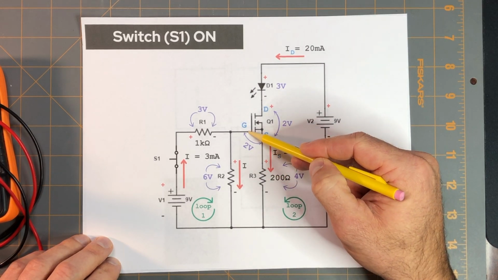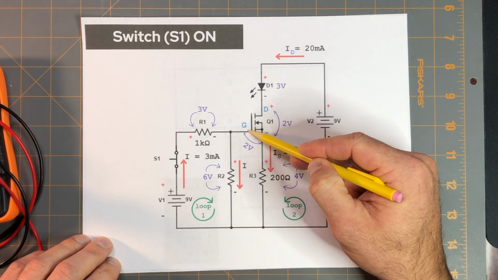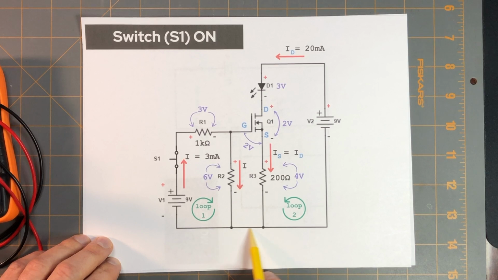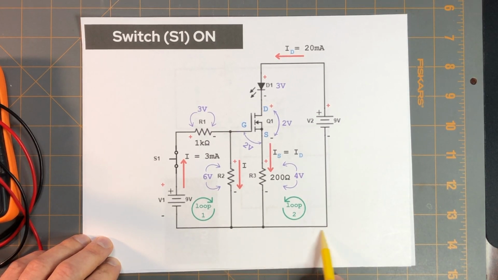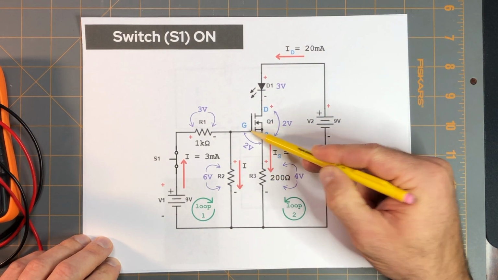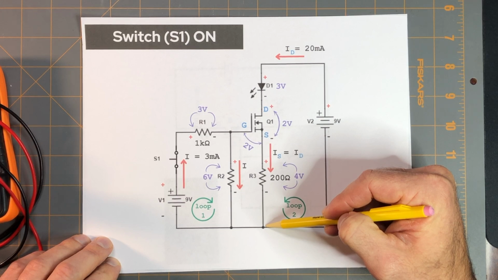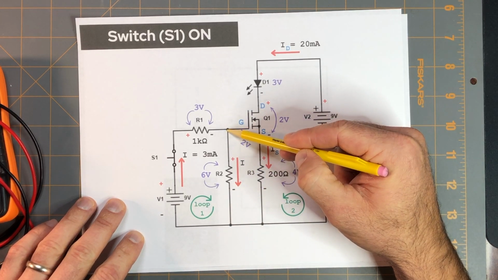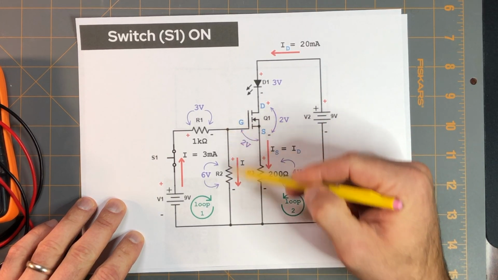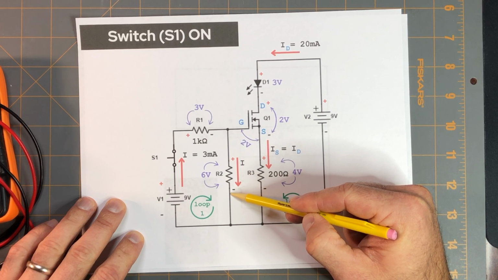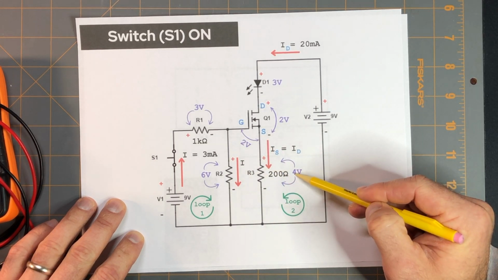That means the voltage potential between the gate and the negative supply, or ground of the circuit, where all of the negatives go to this node, and the voltage across resistor R2 should be equal. That's how we got the value of 6 volts across R2, because 2 volts plus 4 volts is 6 volts.